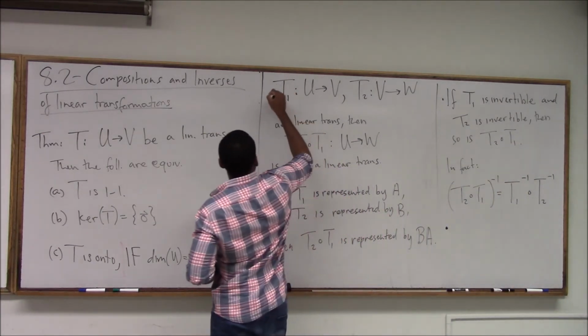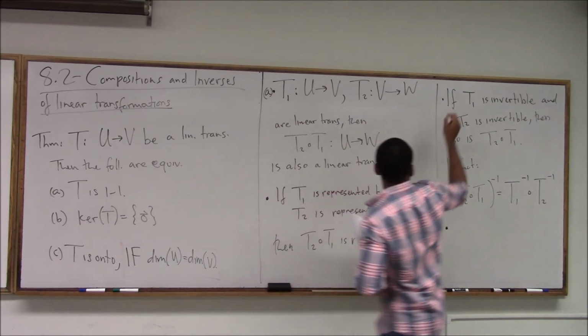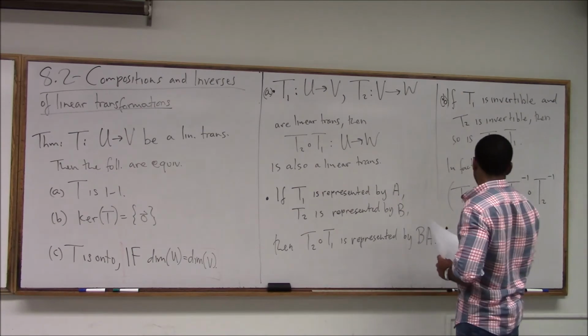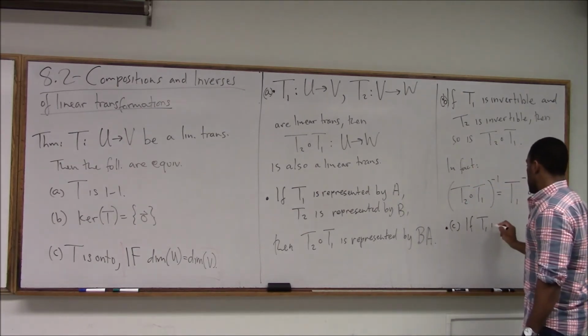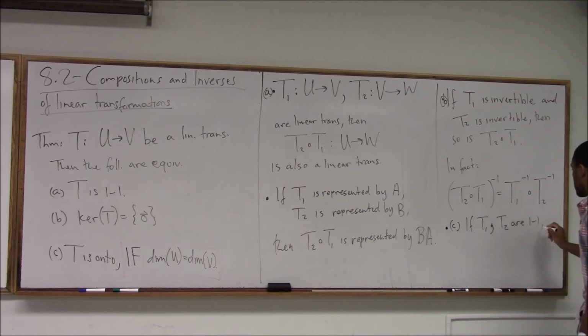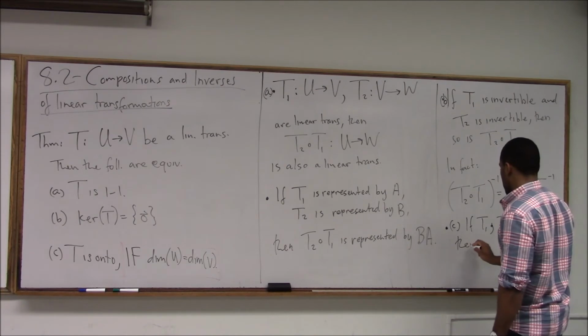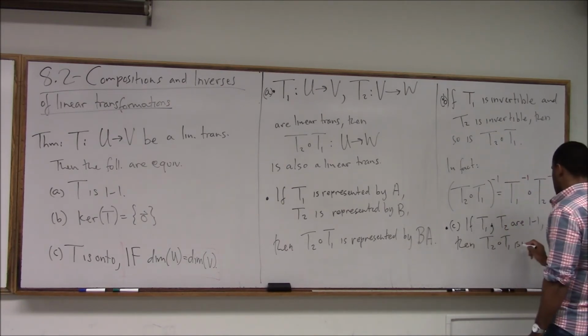So let me actually number these. Let's call that A. Let's call it B. Let's call something C. If T1 and T2 are 1 to 1, then the composition is also 1 to 1.